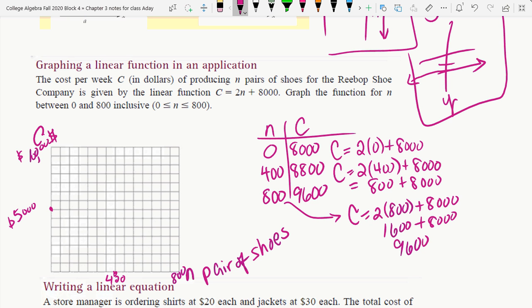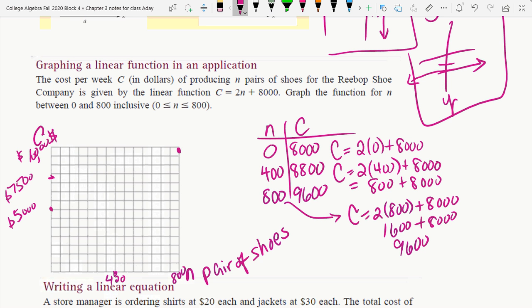Now let's plot our points. At 0, we're at 8,000. Let's go out here to 800. At 800, we know we're at 9,600, so that's pretty close to the top there. At 400, we're at 8,800. So 5,000 to 10,000, halfway would be right here, and so that would be 7,500.